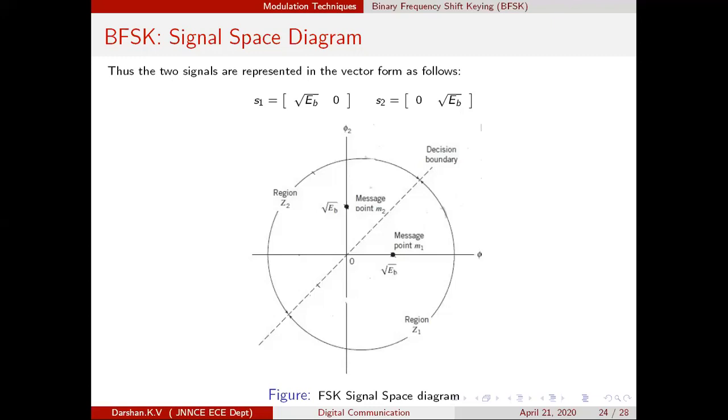Yes, the transmitted message might be M1 or S1 of t or symbol 1. If the received signal falls in the region Z2, then the receiver would decide that the transmitted message would be S2 of t or message 2 M2, or symbol 0.